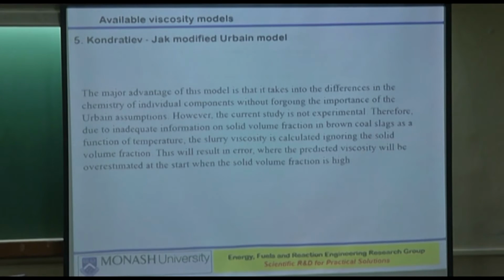However, the current study is not experimental, therefore, due to inadequate information on solid volume fraction in brown coal slags as a function of temperature, the viscosity is calculated ignoring the solid volume fraction.